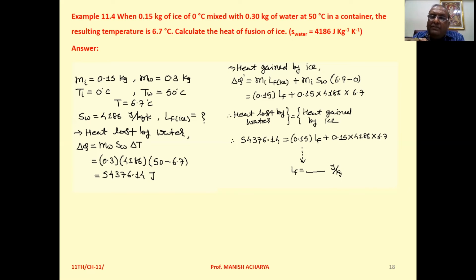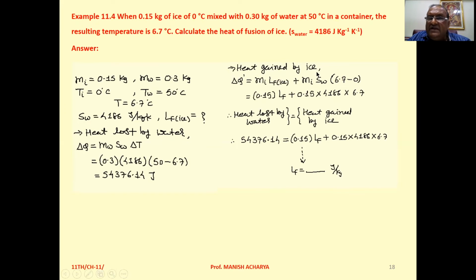And the remaining part of that heat will be utilized to raise the temperature of the water obtained due to melting of ice, which is also at 0 degrees Celsius. So its temperature will be raised up to 6.7 degrees Celsius.